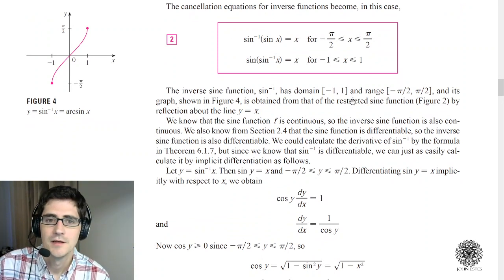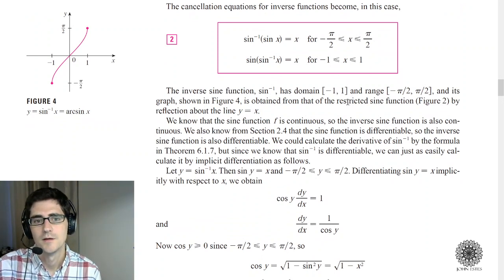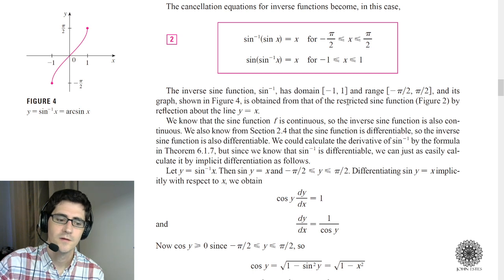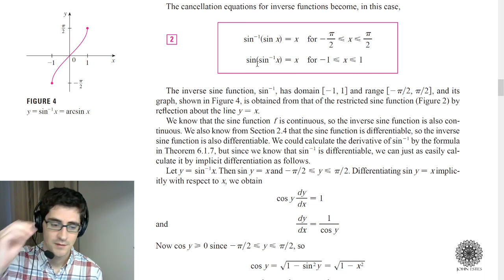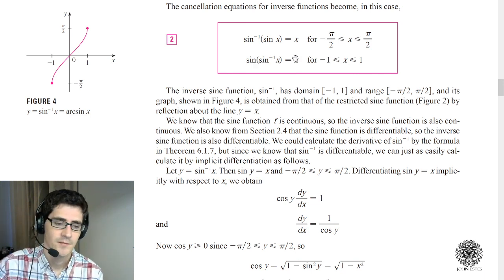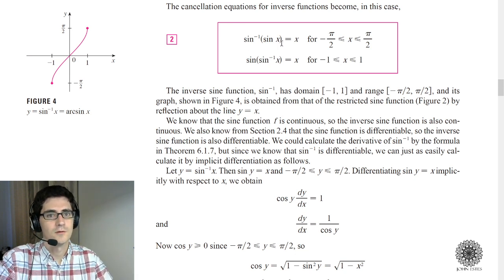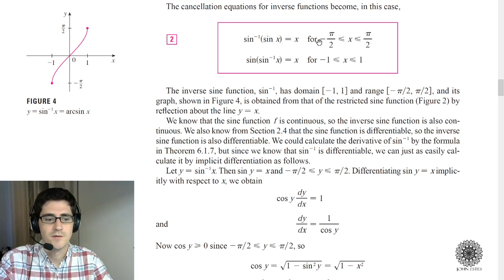Now, an interesting thing is, remember compositions of functions: if you compose two functions, they undo each other. So sine inverse of sine x simply becomes x. And here you do have to worry about domain and range issues. I'm plugging x into the sine function, and sine inverse can only give me angles from negative pi over 2 to pi over 2, and that's why we have this restriction.